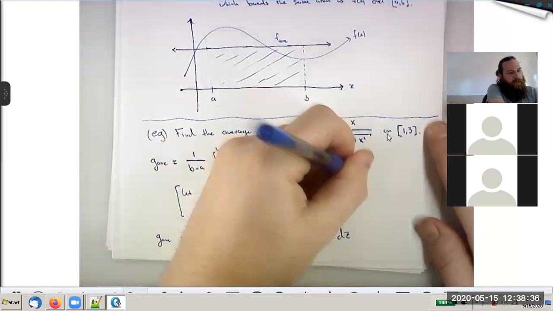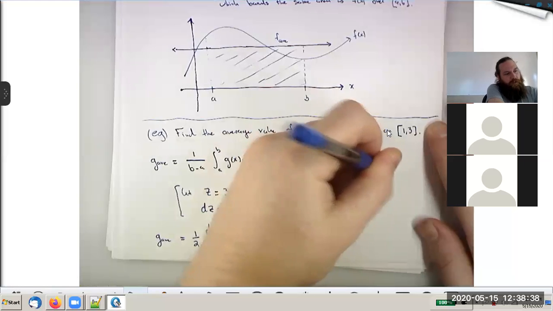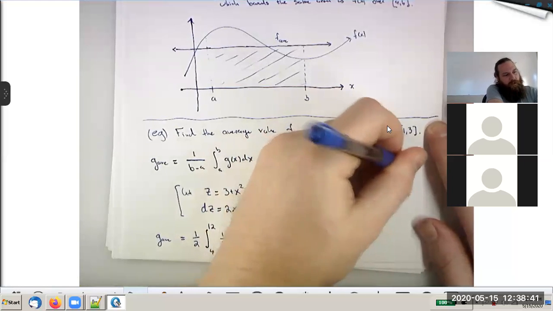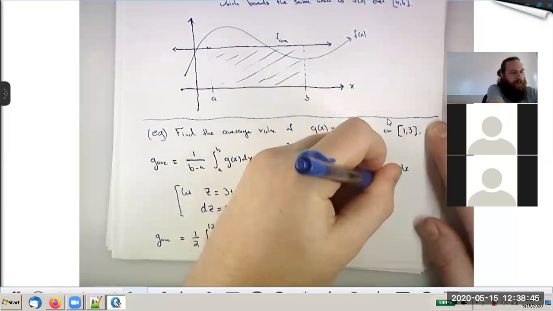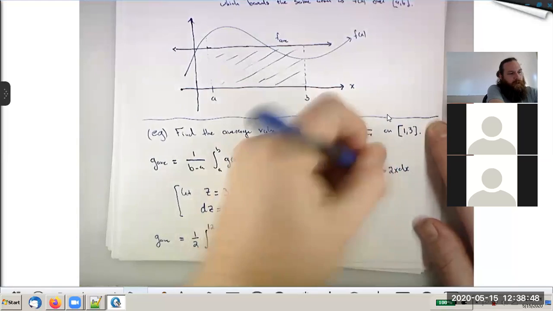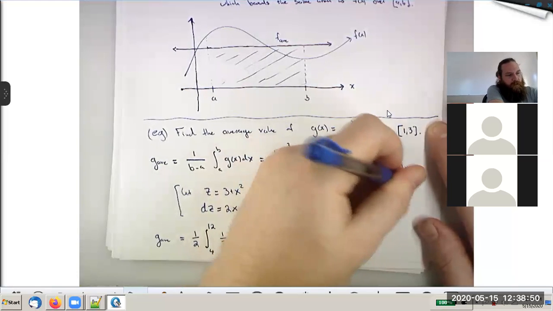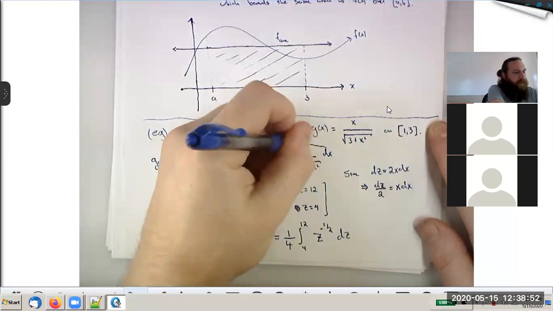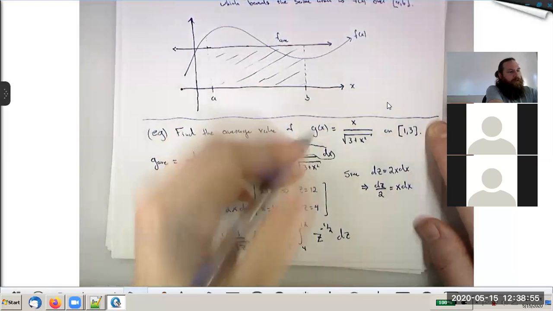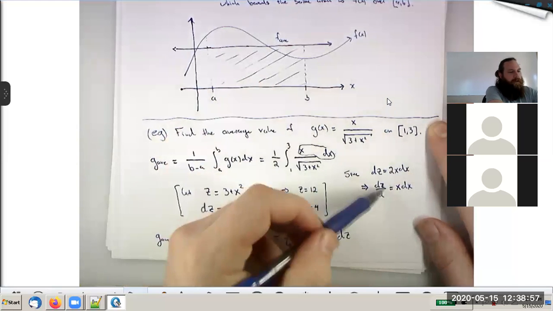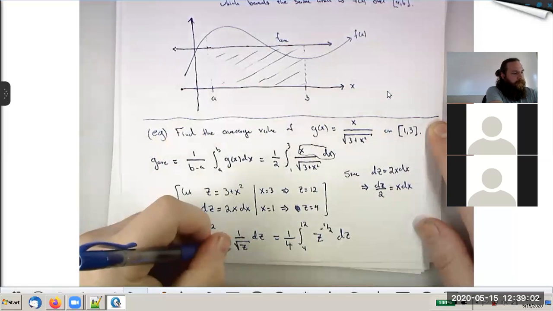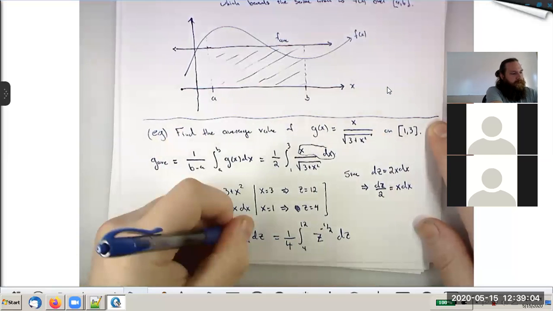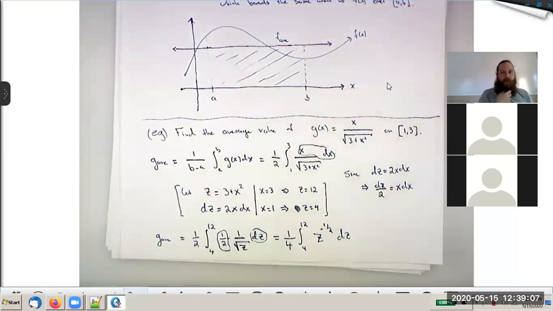Since dz is equal to 2x dx, and I generally won't write this step down, I'm hoping that we get comfy with these substitutions, then dz over 2 is equal to x dx. So the x dx here, this circled piece here, gets replaced by dz over 2, or 1/2 times dz. So that's this 1/2 and this dz. And then the 1 over square root z part is correct.